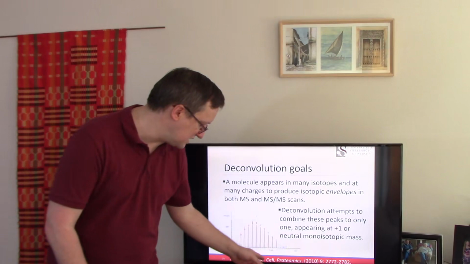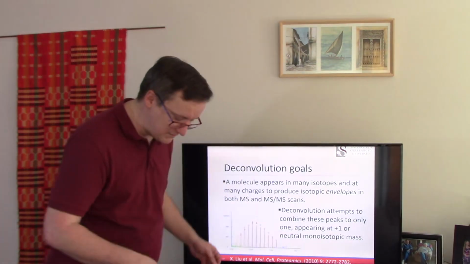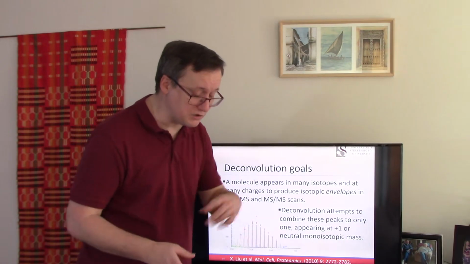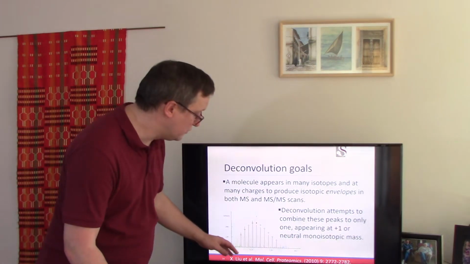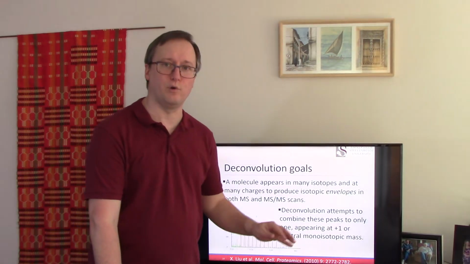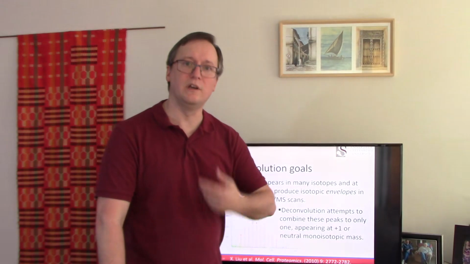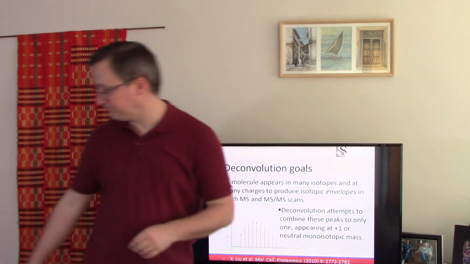What I'm showing in this case is one from a researcher associated with the University of California, San Diego, Xiaowen Liu, who created a software specifically for fragmentation spectra from top-down ions, from intact proteins.